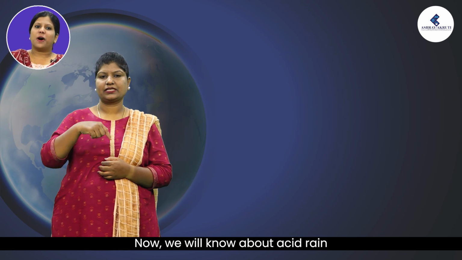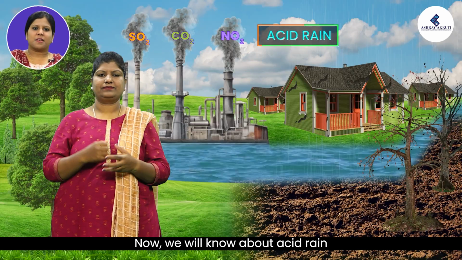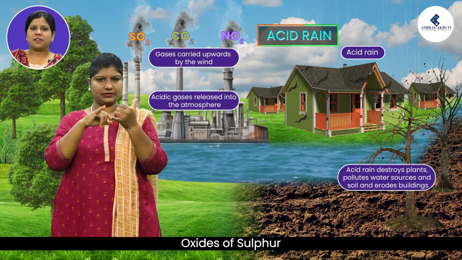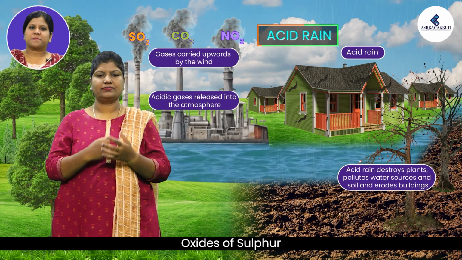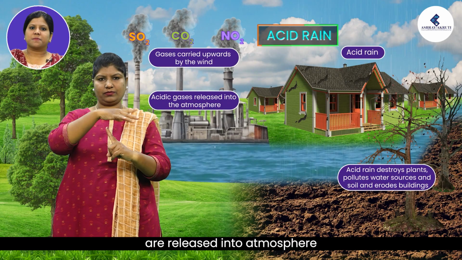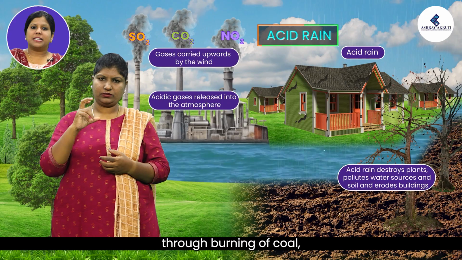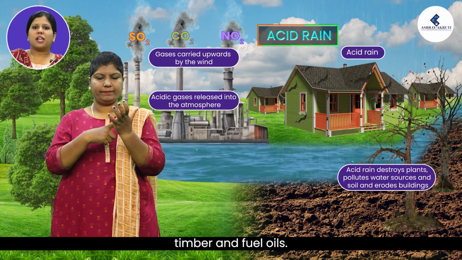Now we'll know about acid rain. Oxides of sulfur and nitrogen are released into atmosphere through burning of coal, timber and fuel oils.